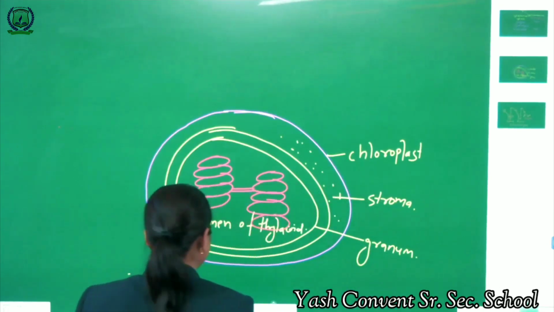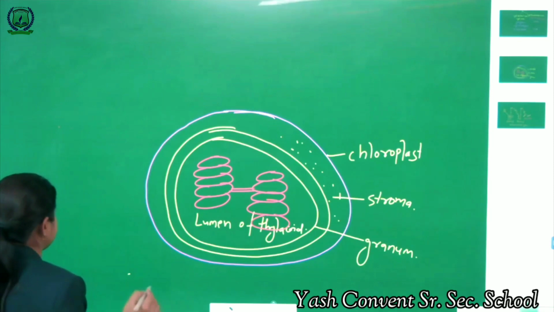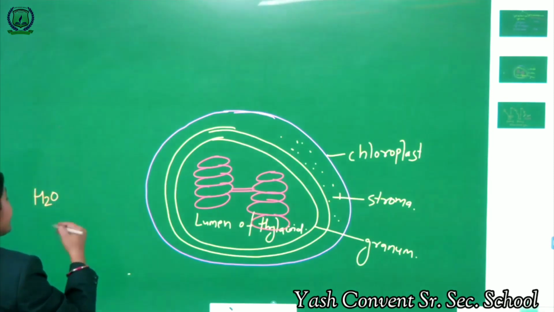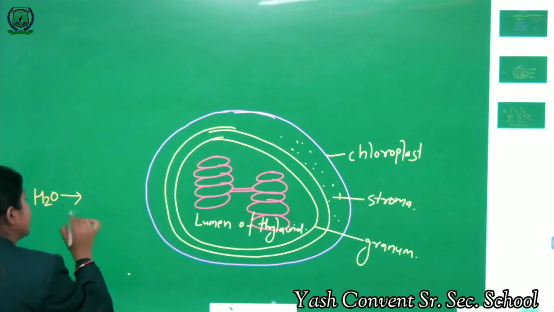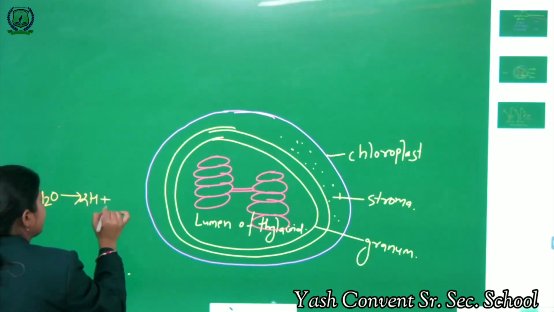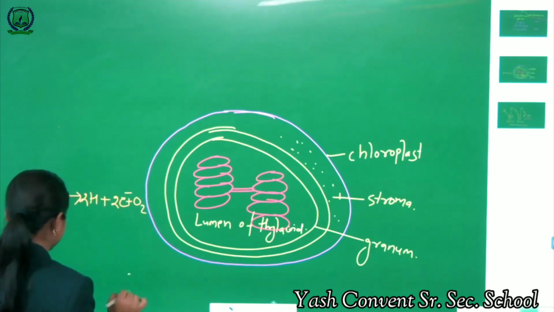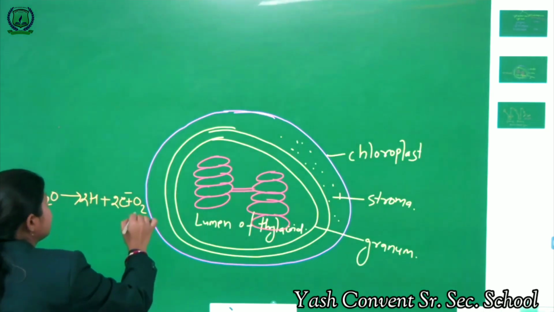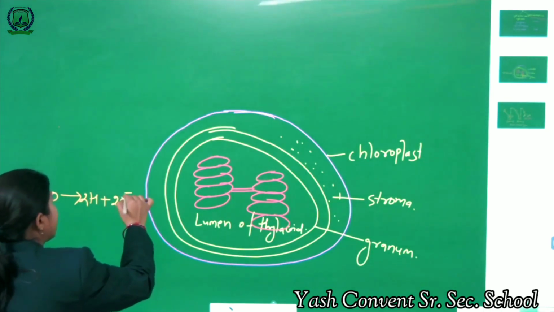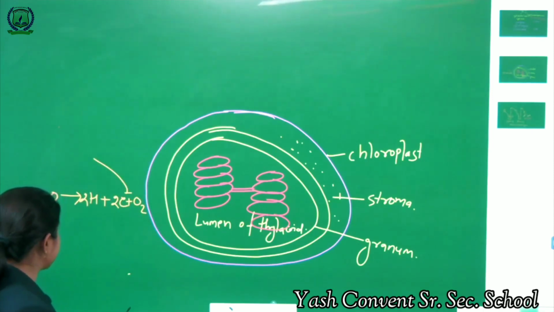And students, inside the thylakoid, or you can say the lumen of thylakoid, water is present. H2O is broken down into 2H plus, 2 electrons and oxygen. Oxygen is released into the environment, and the electron is transferred again to photosystem second.